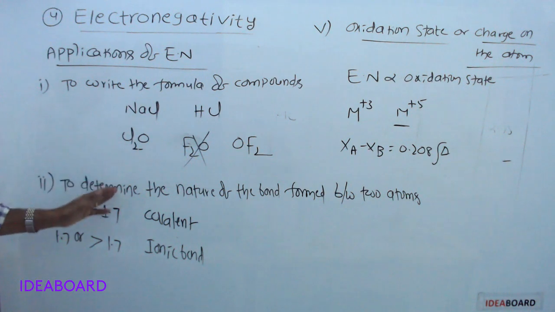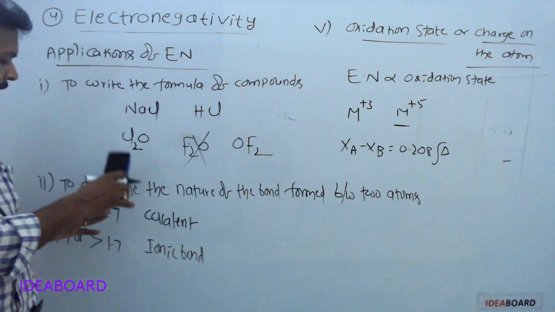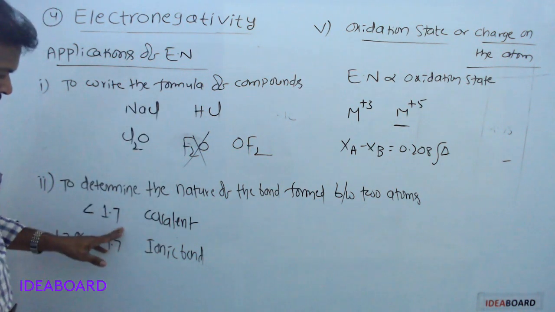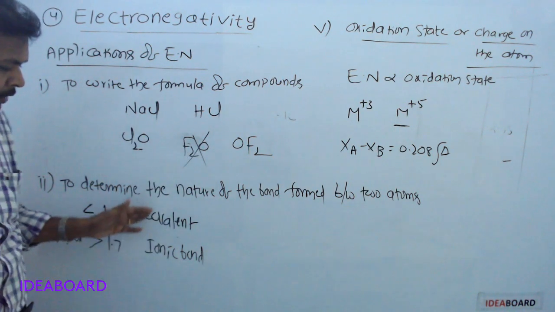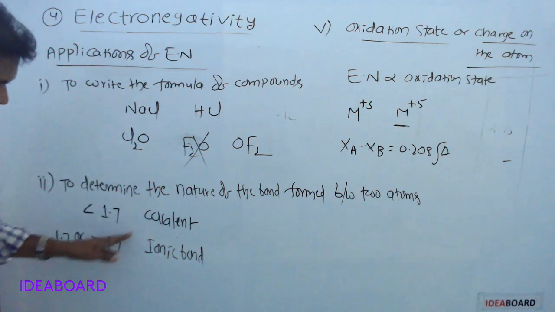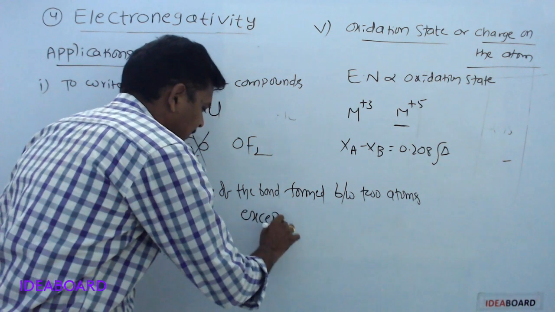Second application is to determine the nature of the bond formed between two atoms. If the difference is less than 1.7, a covalent bond will be formed. If it is 1.7 or greater than 1.7, then ionic bonds, except hydrogen fluoride.